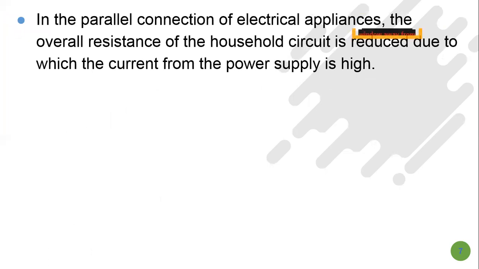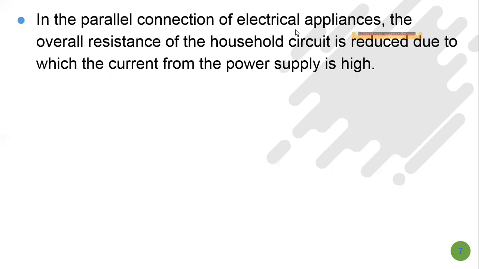In the parallel connection of electrical appliances, the overall resistance of the household circuit is reduced due to which the current from the power supply is high. We know the formula of parallel circuit: 1 upon R is equals to 1 upon R1 plus 1 upon R2 and so on.